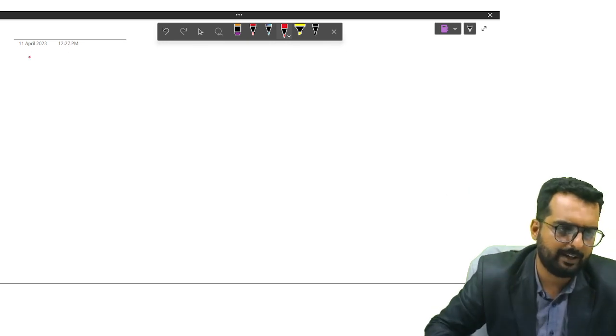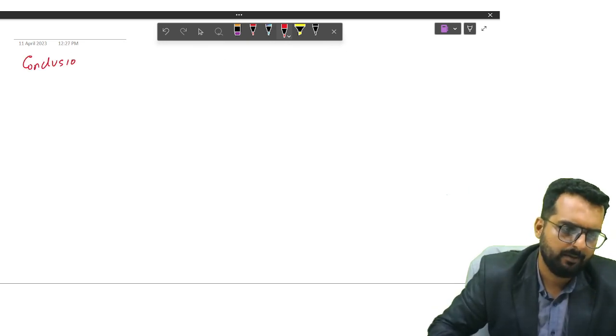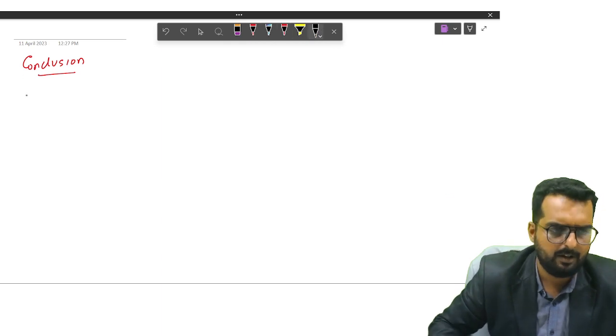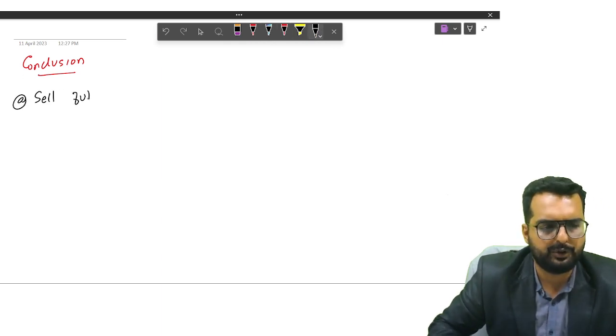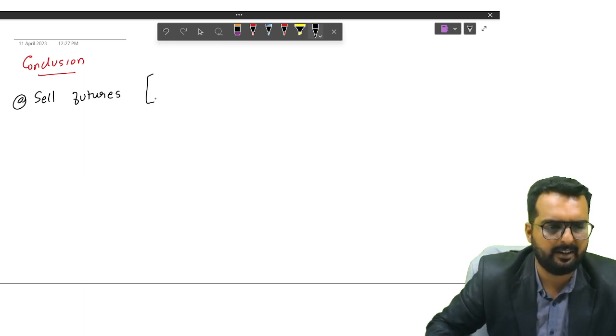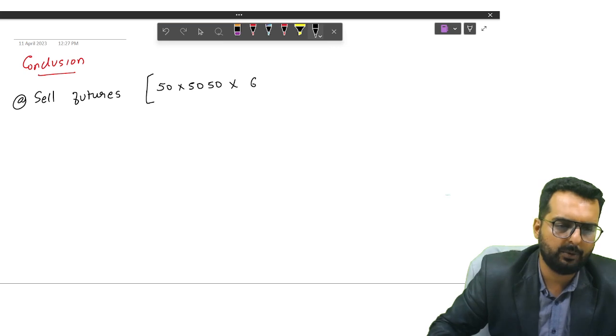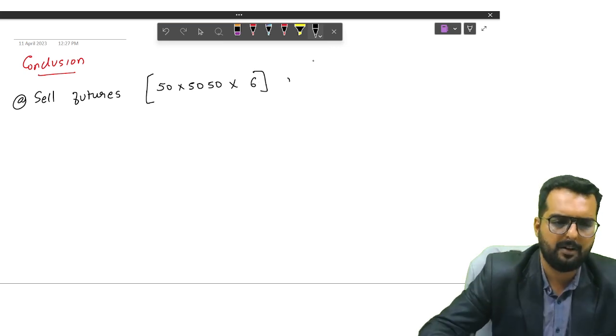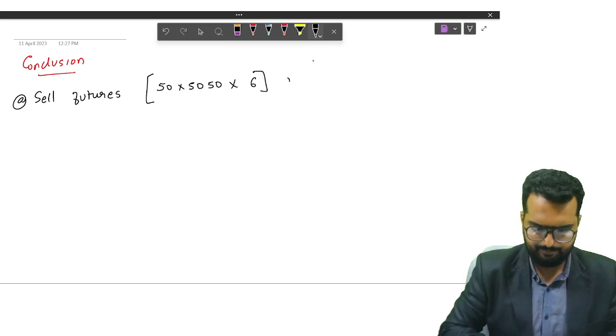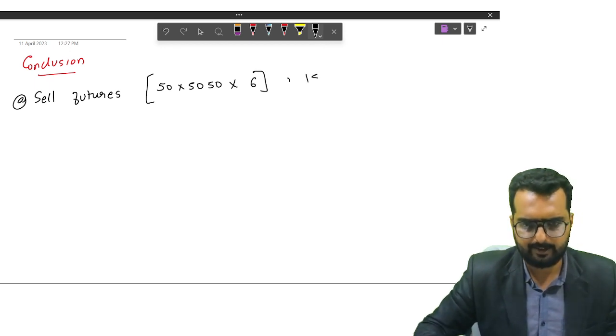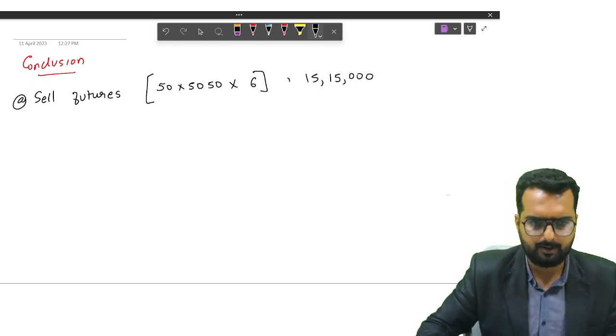I'll give a heading called conclusion. Point number A will be what? Sell futures. That is what I did initially, correct? So that was 50 into 5050 into 6 contracts, correct? Do I get the answer as 15 lakh 15,000? Correct.